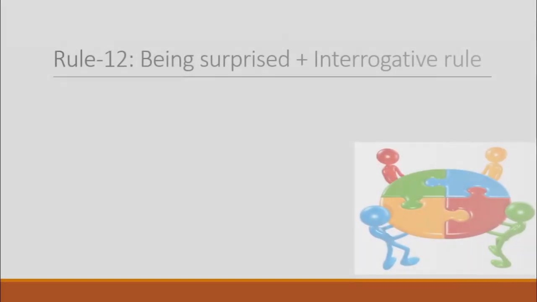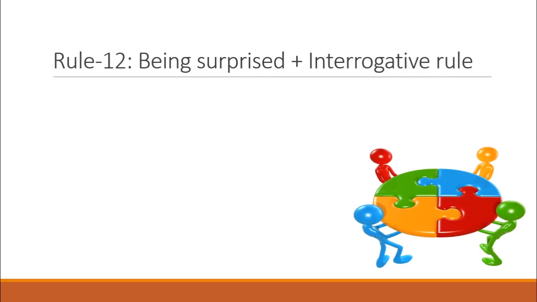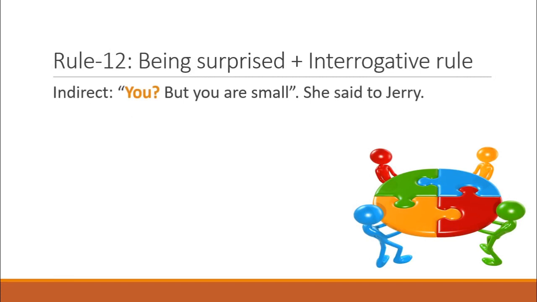Okay. Rule 12 is being surprised plus the interrogative rule. You see the example here. "You? But you are small," she said to Jerry. So here, after "you," we have a question mark. Actually, this question mark expresses the wonder of the speaker.